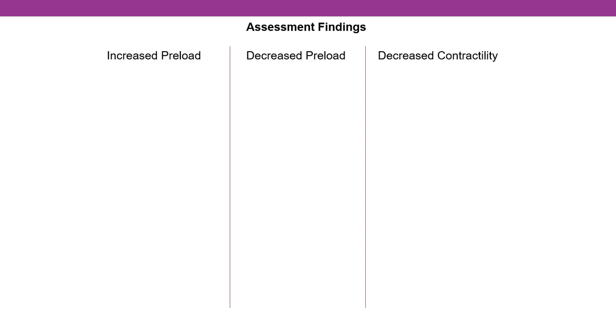So increased preload, that's heart failure. They're going to have crackles, JVD. They're going to have an S3 or an S4. They may have some edema. Bounding pulses. Well, I would expect their CVP to be high as I give them a diuretic and maybe start a vasodilator to displace the fluid. I would expect those signs and symptoms to get better.